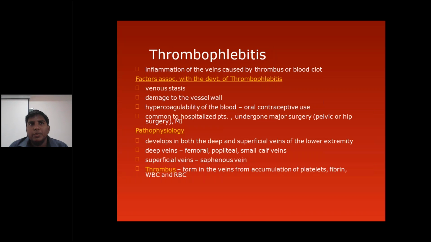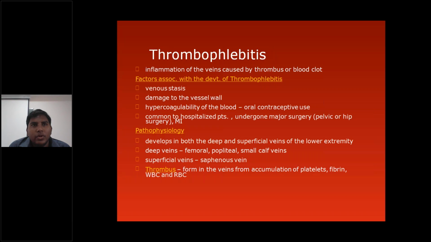The most common veins involved are the peripheral calf veins. The thrombus can progress from the calf veins into the inferior vena cava, and could lead to various manifestations such as pulmonary thromboembolism.